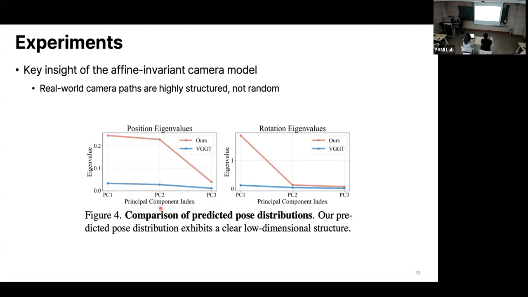This is the evidence of that. For the position eigenvalues, they show a higher eigenvalue for a few values, which means they are in some low-dimensional space. And for the rotation it is also the same, because it has only one high eigenvalue.